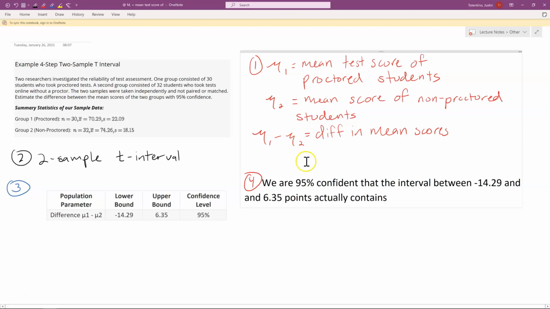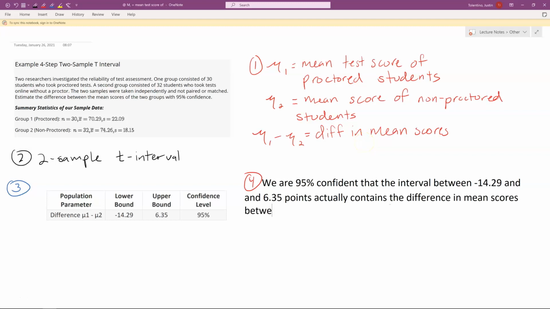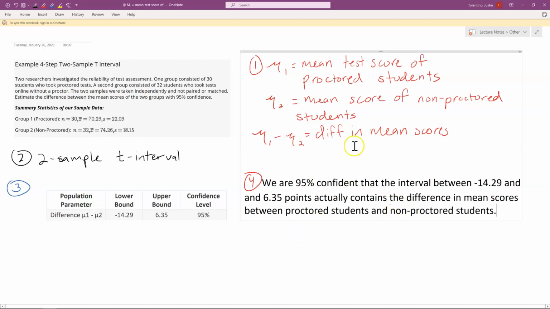And be careful here, what we're trying to contain is a difference in mean scores between proctored students and non-proctored students. And here we have our 4 steps.